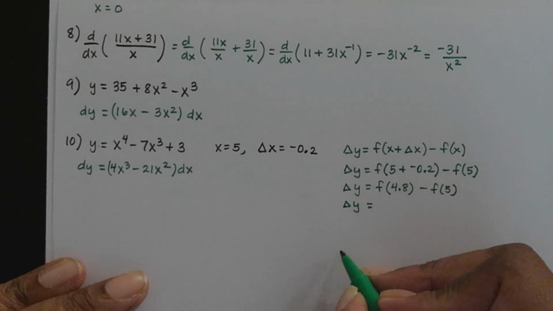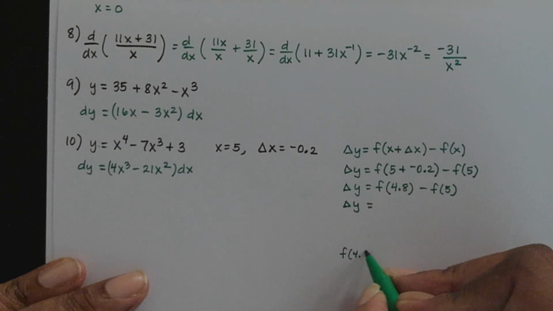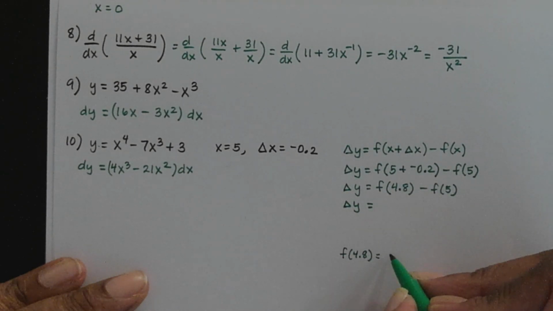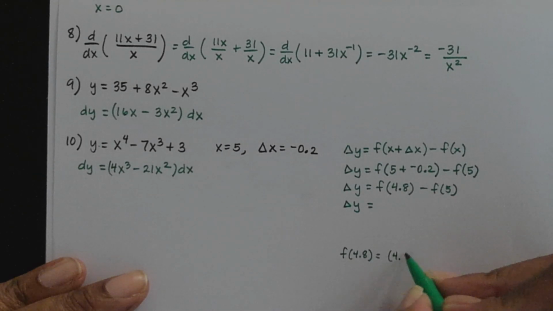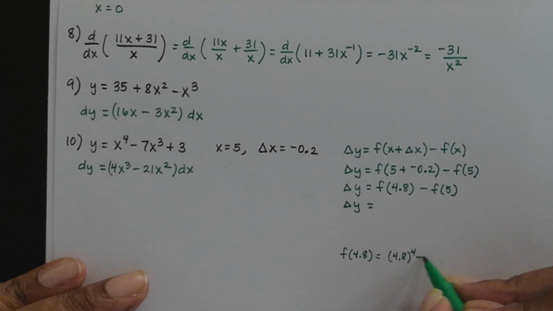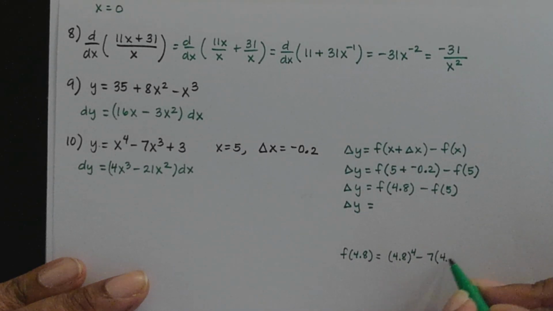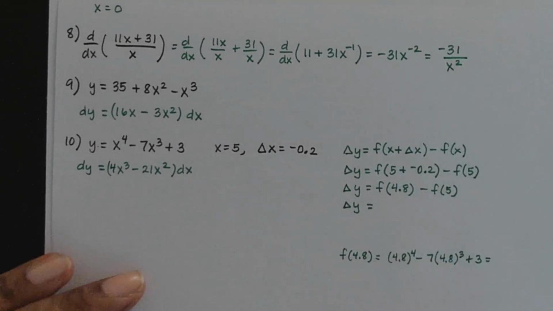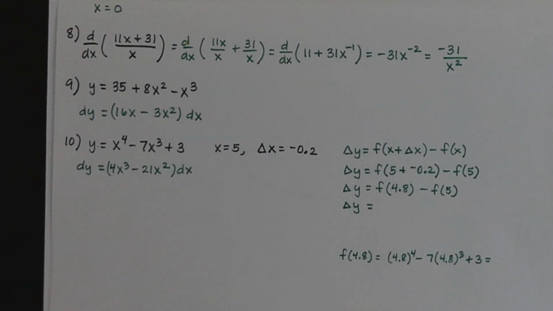I guess I have to do this down here. That would be 4.8 to the fourth minus 7 times 4.8 cubed plus 3. And that can be typed into the calculator.